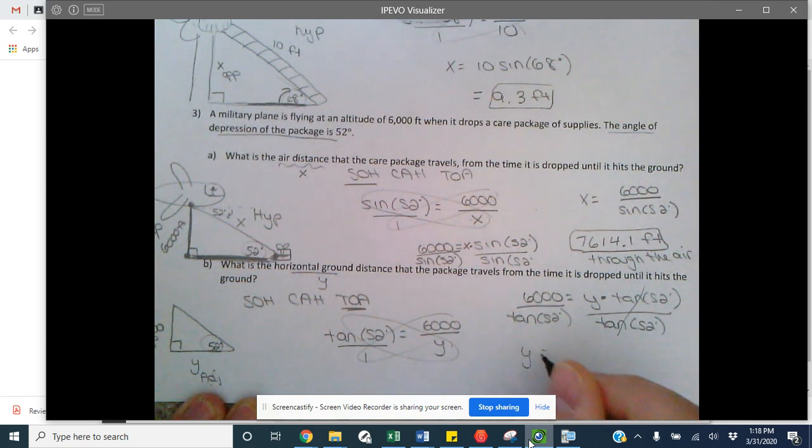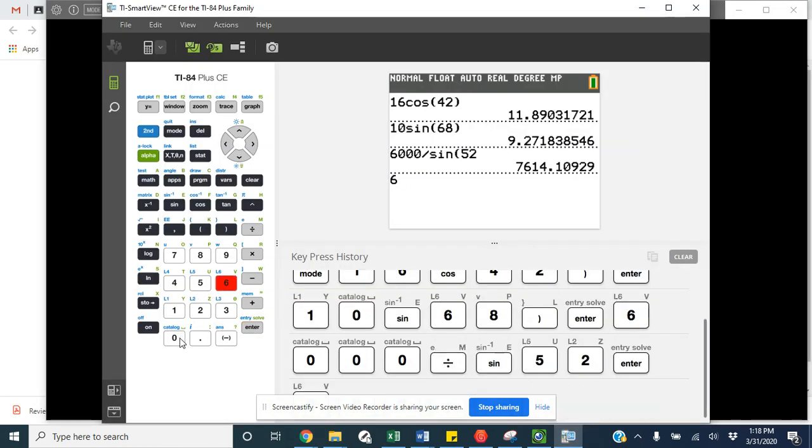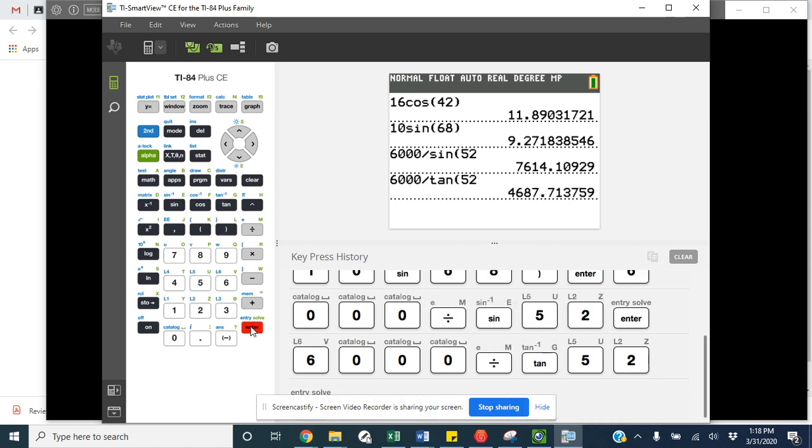And then you get y equals 6,000 divided by tan of 52, and that's going to be what we type into our calculators. So 6,000 and this time we get 4,687.7 feet.